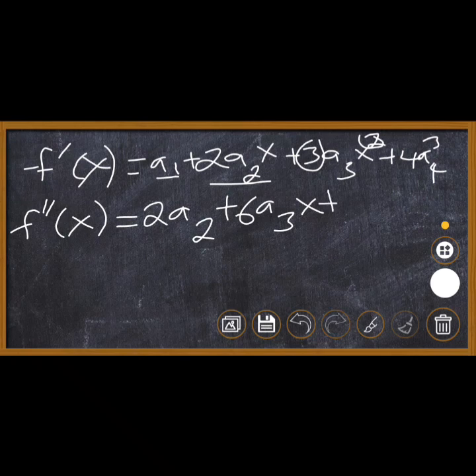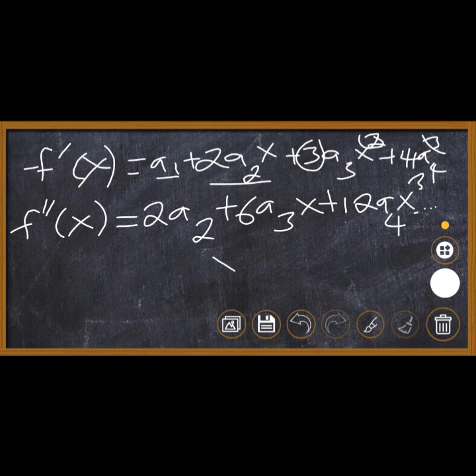Again, when you multiply 3 here with 4, we are going to have 12a4, then x to the power 2. Okay, so this is how it's going to be.